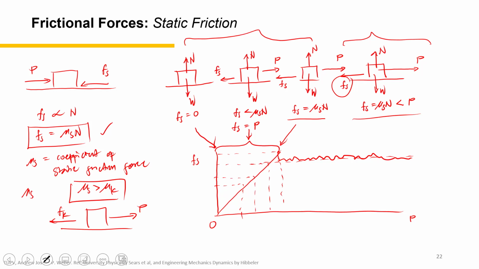Therefore, the magnitude of the kinetic friction force also varies. So that's why it can also be a value of Fk, which is this height. So this is at rest, while this is in motion.